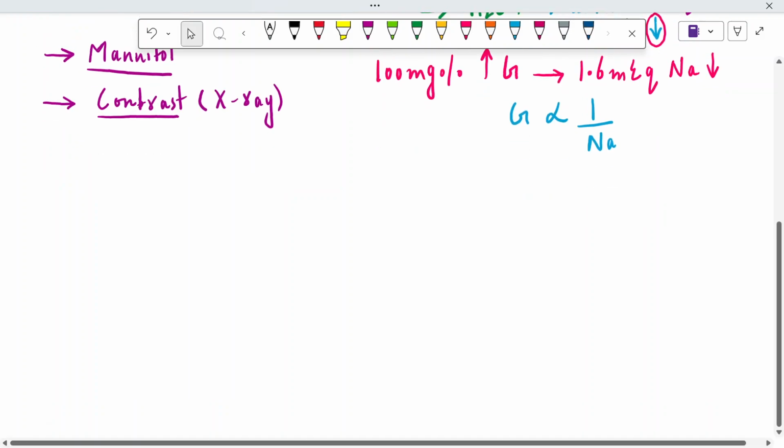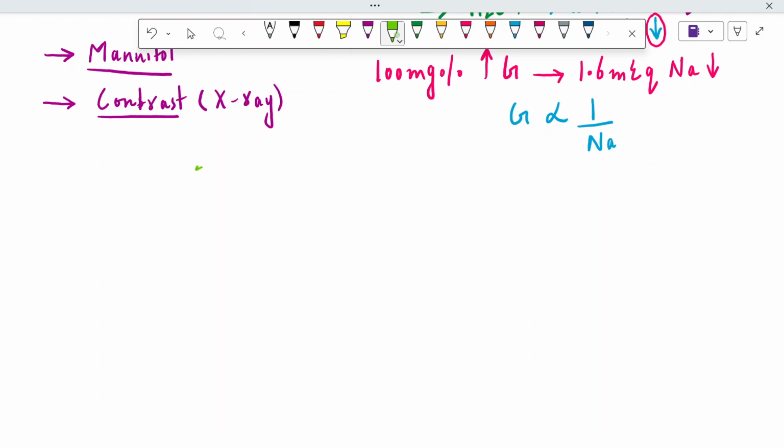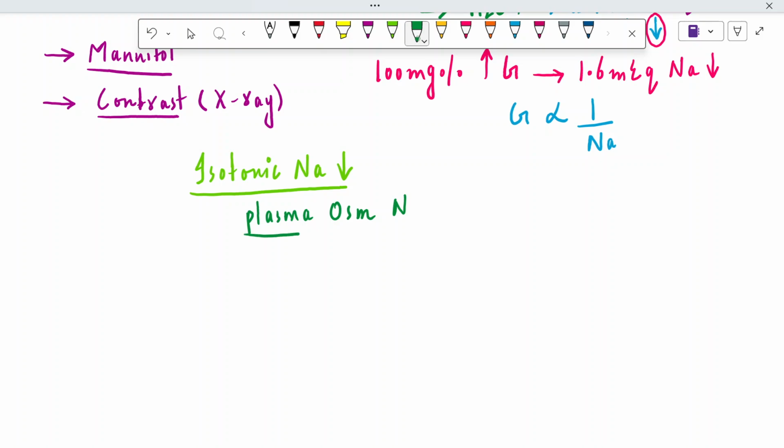Let's talk about the next type, that is isotonic. The last type, I would say, is isotonic hyponatremia. What does isotonic mean? Isotonic means that plasma osmolality is normal. But why is there hyponatremia?